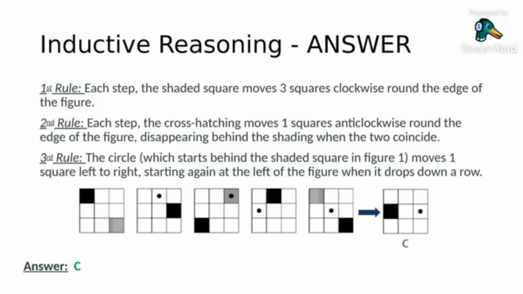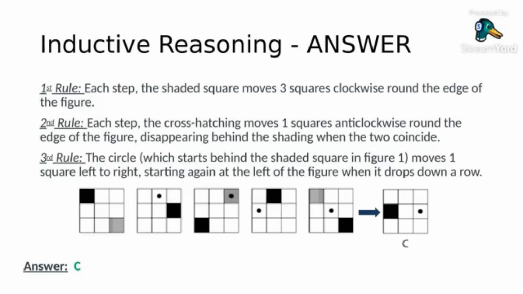So, if we will count 3 squares clockwise, nakakainis naman, walang marker. If we will move clockwise, sunod po ng galaw ng relo, 1, 2, 3. So, start po siya dun sa tabi ng block.